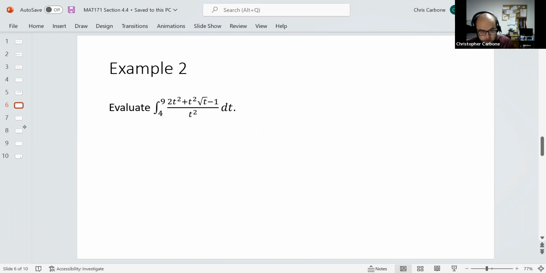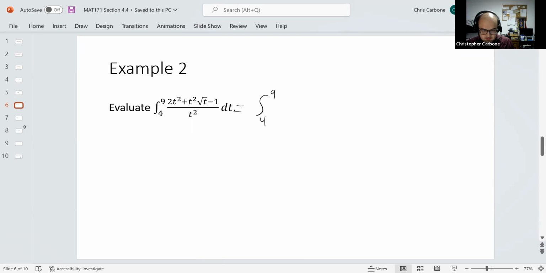For example number 2, we want to evaluate the integral between the bounds of 4 and 9 of 2t squared plus t squared times the square root of t minus 1, all divided by t squared dt. We can break that fraction into pieces and evaluate each part.